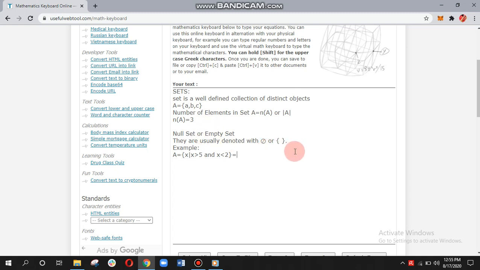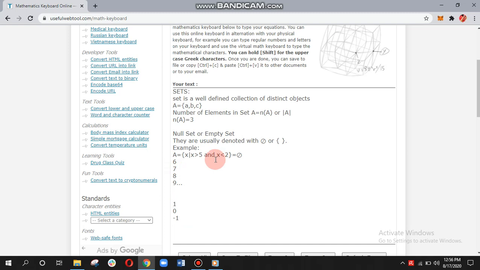For x greater than 5 we have 6, 7, 8, 9 and so on, and x less than 2 is 1, 0, minus 1, but we didn't find the same elements. 6, 7, 8, 9 and 1, 0, minus 1 aren't equal.